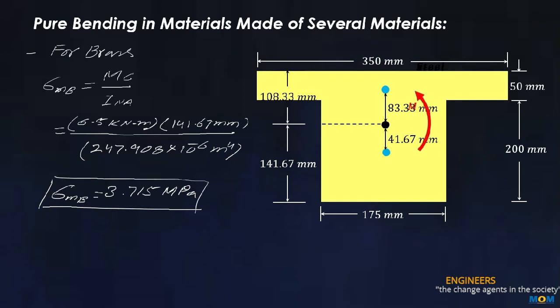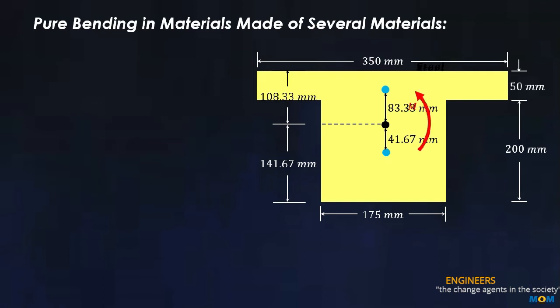Now solving for steel, the maximum stress of steel is MC upon moment of inertia.